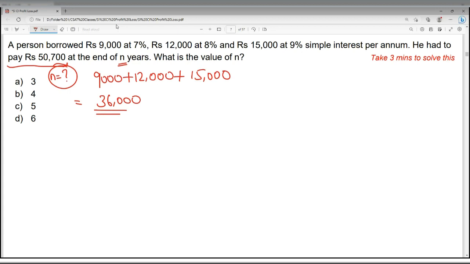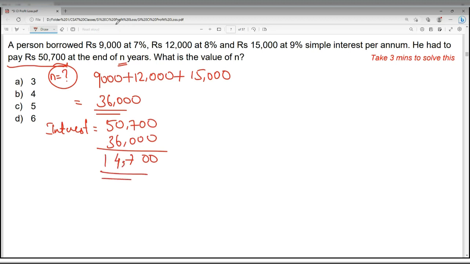And the interest part is 50,700 minus 36,000. So the interest amount is 14,700. So this is the interest amount that he has paid.